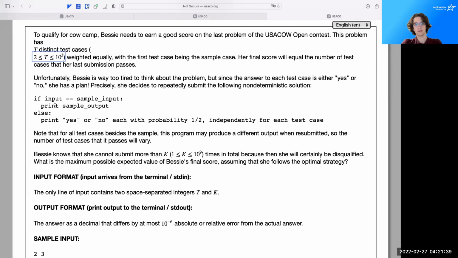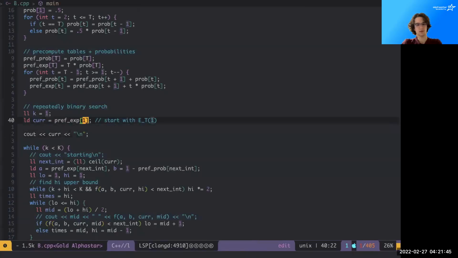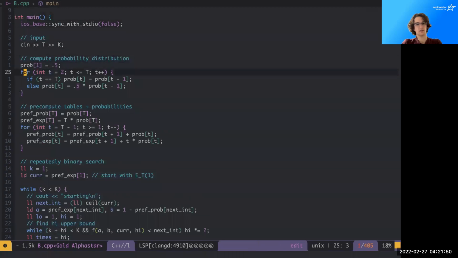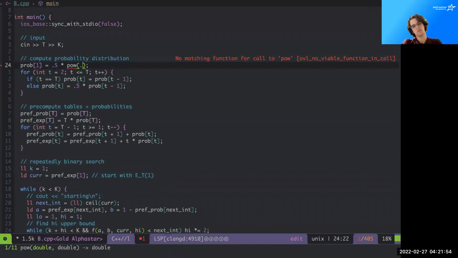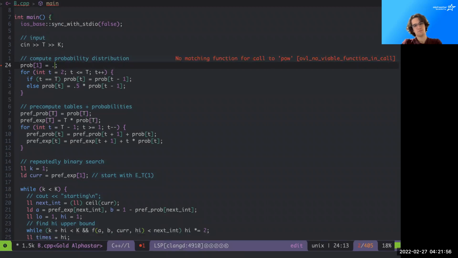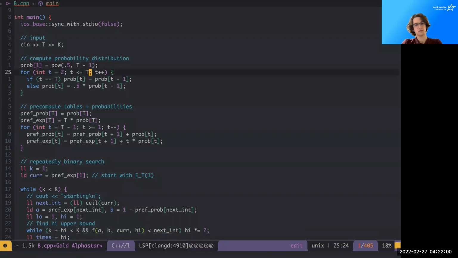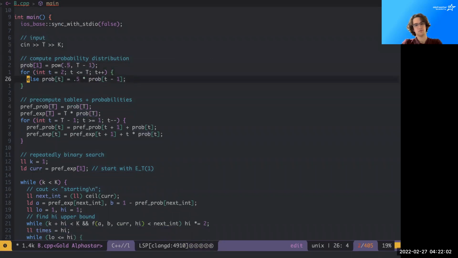I don't think we computed the probabilities correctly, because you don't terminate when you get the first test case wrong, which for some reason I was assuming we did. So I think here this is incorrect. This should be pow 0.5 1. And here, this looks like the choose function.